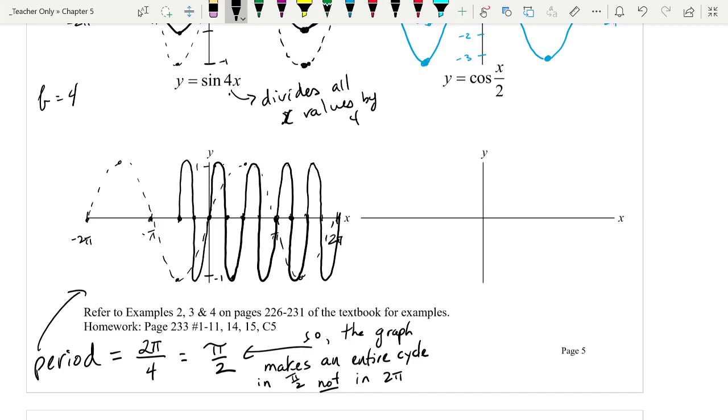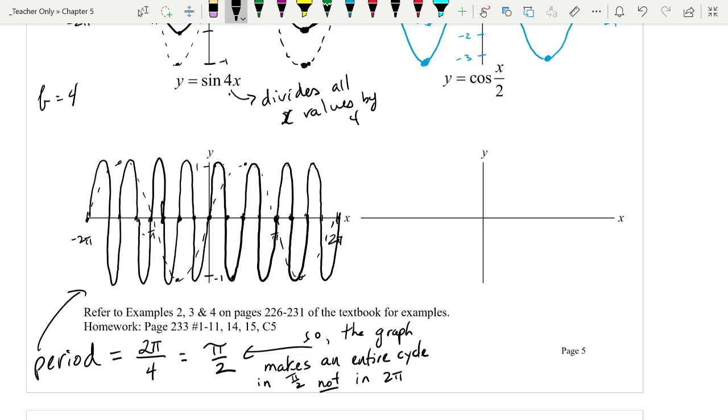There's 1, 2, 3, and 4. There. Notice I tried really hard not to go higher or lower than I was supposed to. But there we go. We'll take a look at this on Desmos. It'll be a better drawing than I made.